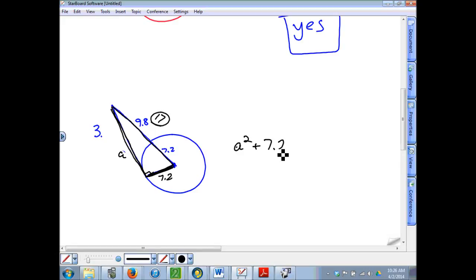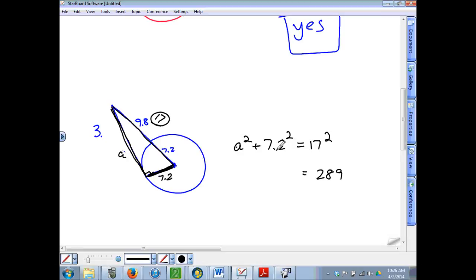So A squared plus 7.2 squared equals 17 squared. This is the equation we have to solve. A squared plus 7.2 squared equals 17 squared. That equals 289. That's if you multiply.